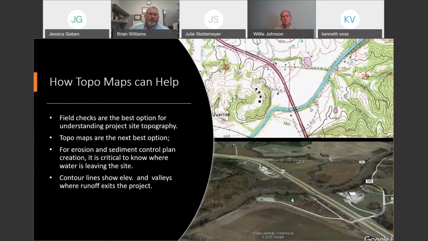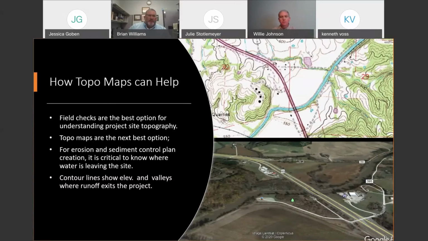So when we're talking about putting together our erosion sediment control plans, it seems like our design has evolved over the last 20 years. When I first started in MoDOT 27 years ago, we used to have white vans of designers and construction engineers driving around looking at projects.